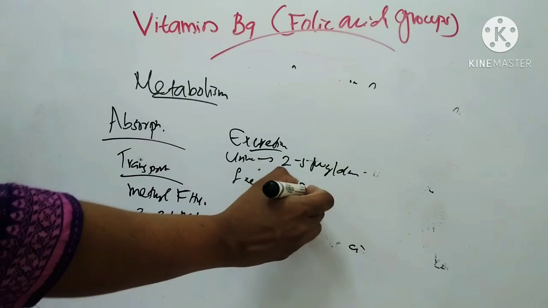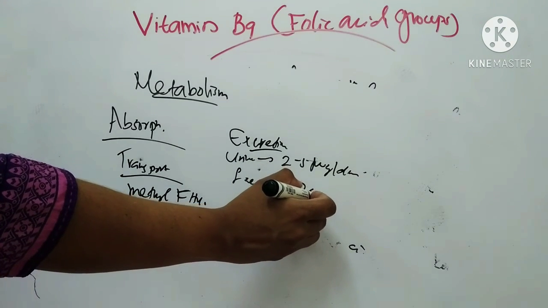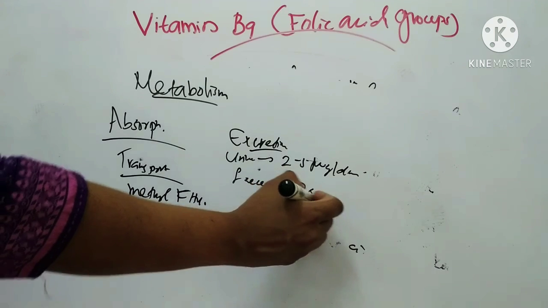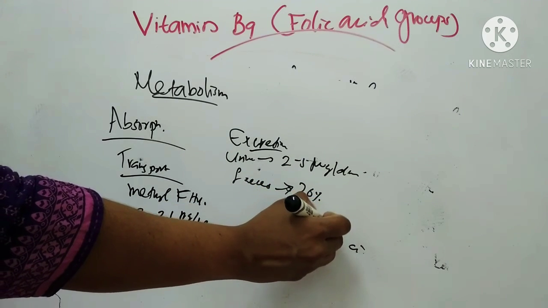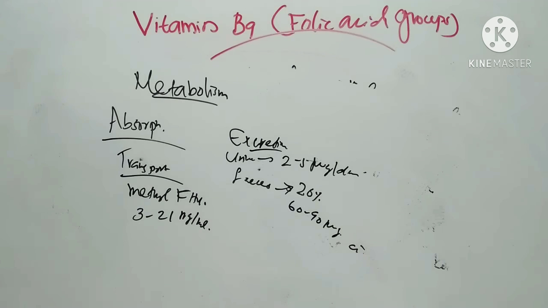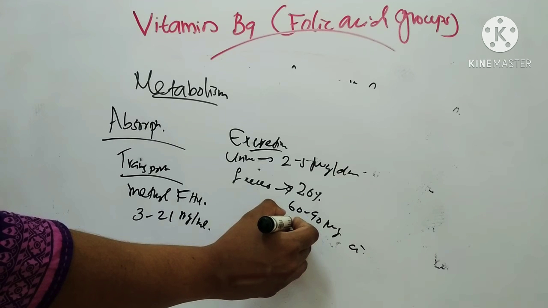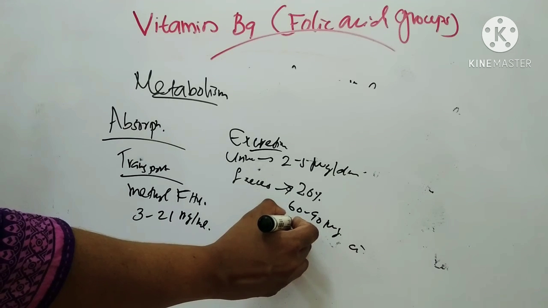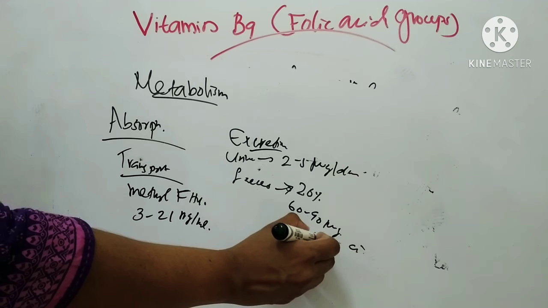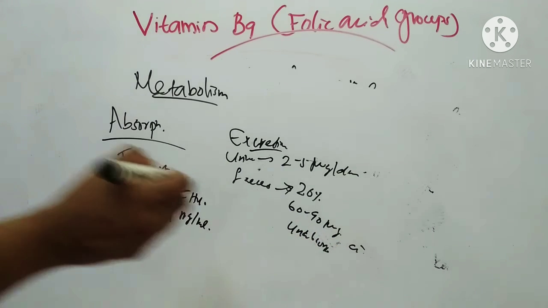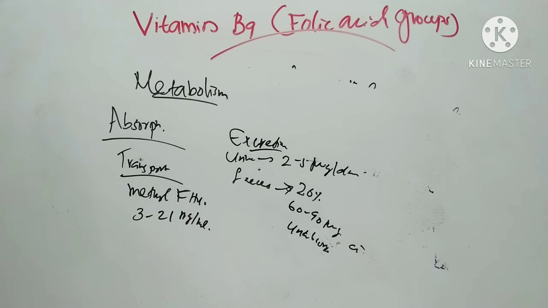Then 60 to 90 μg in the bile is not reabsorbed. Then there is also synthesis of folate by the bacterial flora of the intestine. That is the excretion in feces.